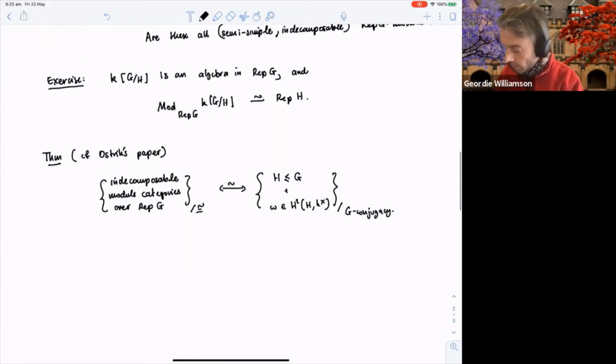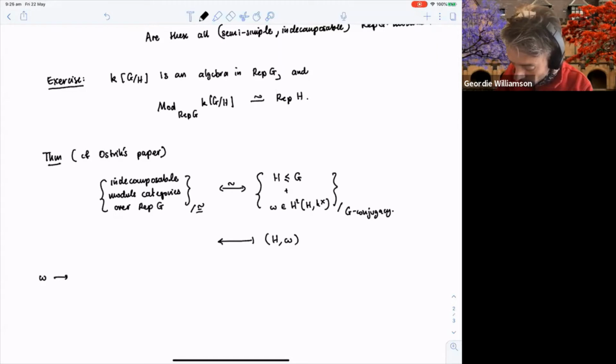And the association associates H, omega to, so omega corresponds to a central extension K star, H tilde, H, a central extension.